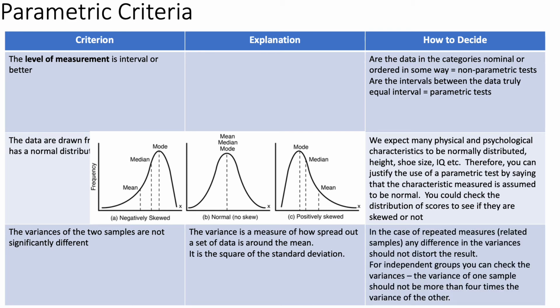So with repeated measures or matched pairs, any difference in the variances will not distort the results. We only need to check the variance for independent groups design. So the variance of one sample should not be more than 4 times the variance of the other.